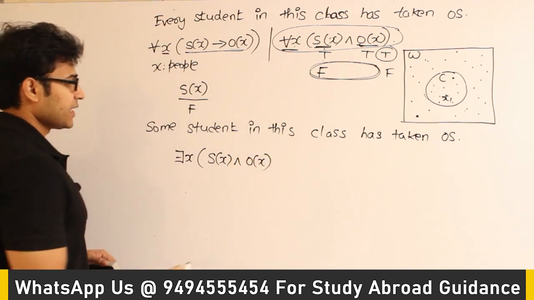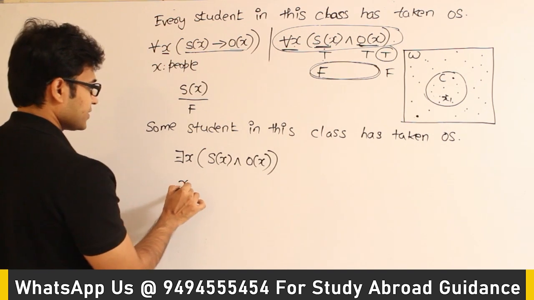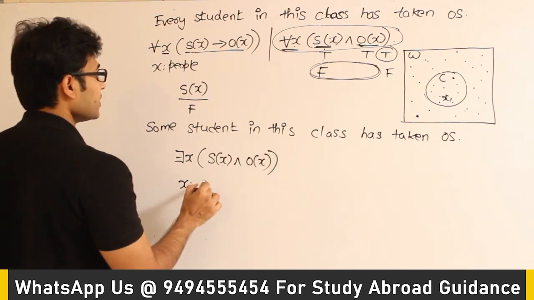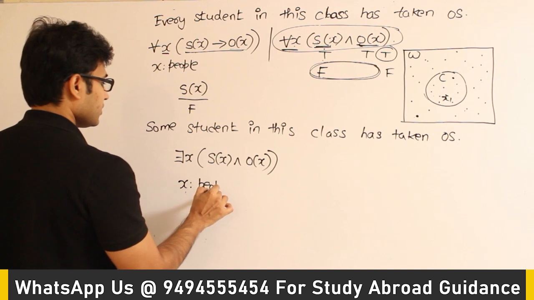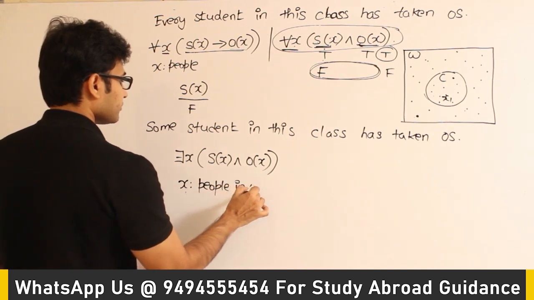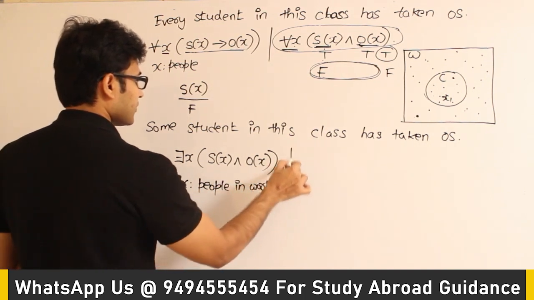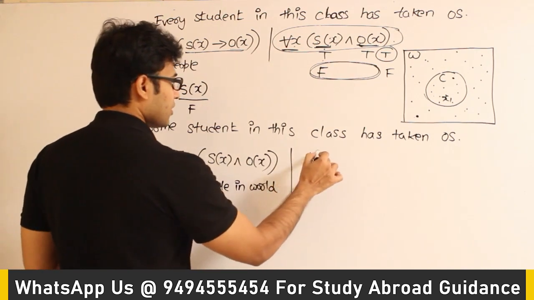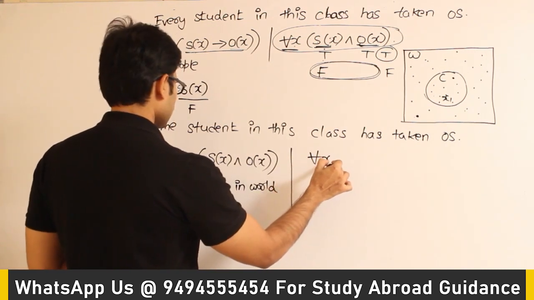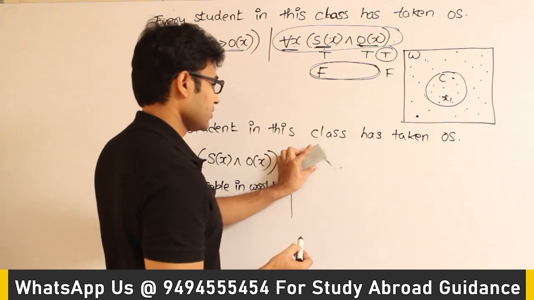I told you that this is the answer, and in fact here x ranges over all the people in the world, right? All the people in the world. Now I told you that this is wrong for all x. No, I told you that the other one is wrong.